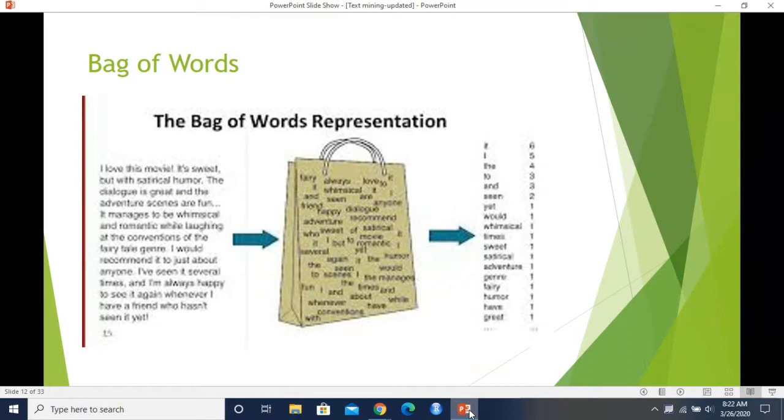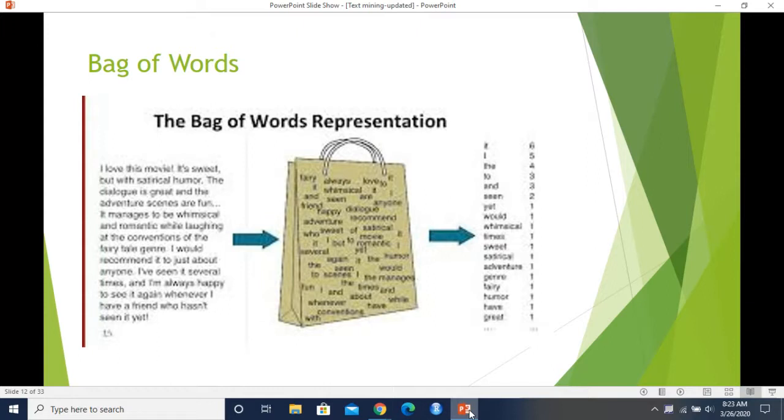The bag of words model is a way of representing text data when modeling text with machine learning algorithms. The bag of words model is simple to understand and implement and has seen great success in problems such as language modeling and document classification.